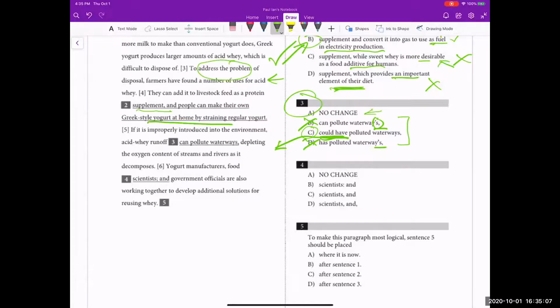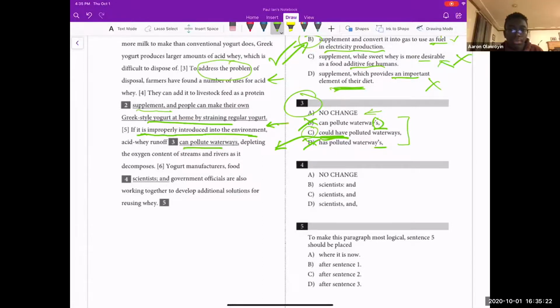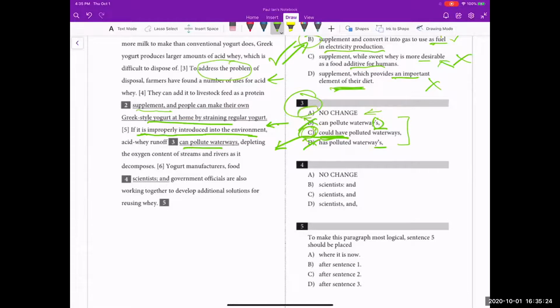It's like improperly introducing an acid can pollute. If it's improperly introduced in there, you don't know if this happened in the past. It didn't happen in the past. So that's why it has to be this one. The C or A could have been the one, but could have is not the one because they call this modal past tense, where it's based off something that already happened. But this didn't happen since it's an if, right?